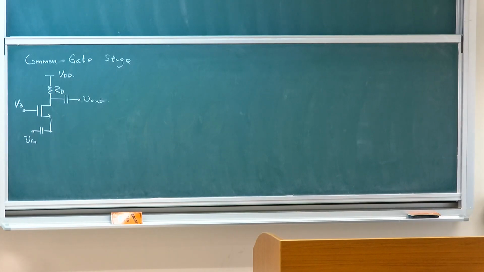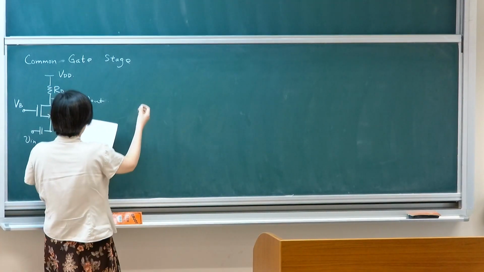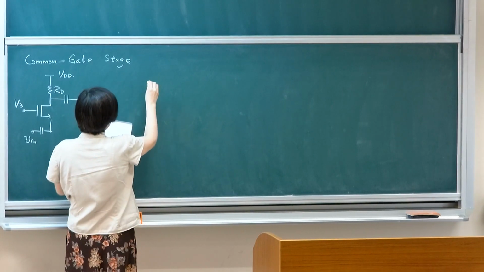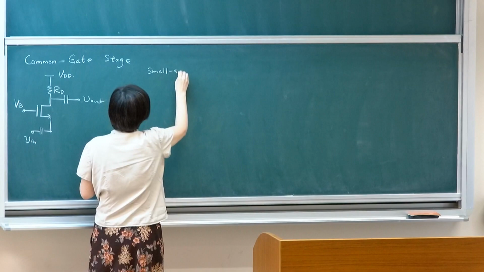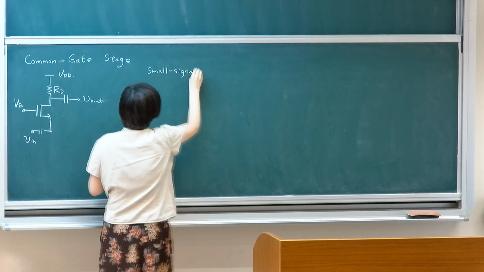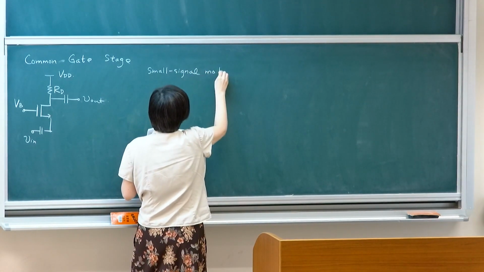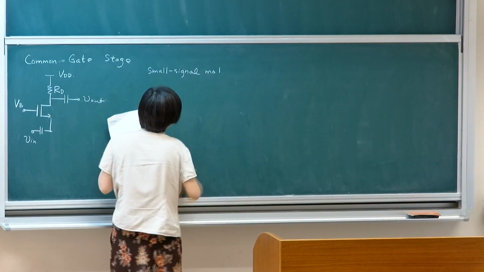To analyze this characteristic, we're also going to look at the three key parameters: input resistance, voltage gain, and output resistance. And to get that, you basically do a small signal equivalent circuit as well.